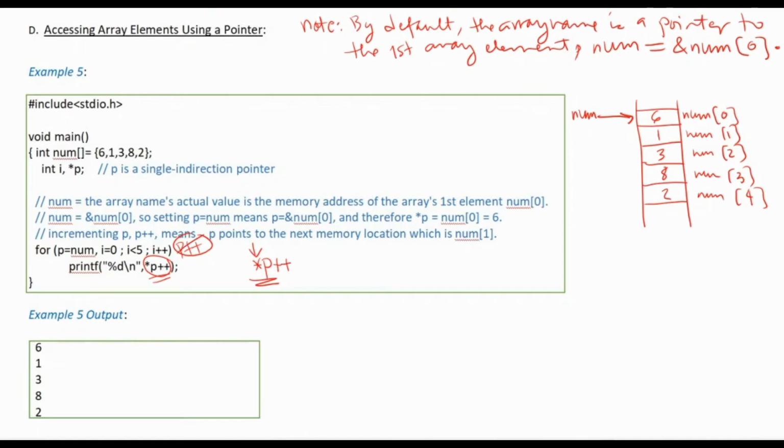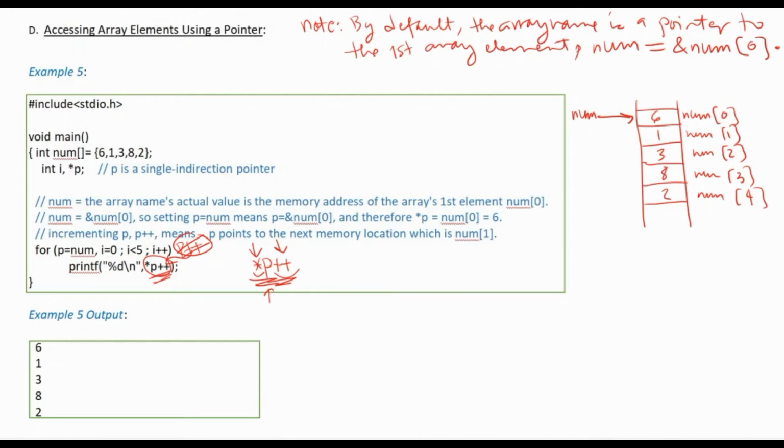So we remove the update for P, the incrementation for P, from the update section of the for loop, and we incorporate it in here in the expression. Now, since in this expression there are now two operators, asterisk, which is a pointer operator, and the other one is the increment, the question is, which of these two are you going to perform first?